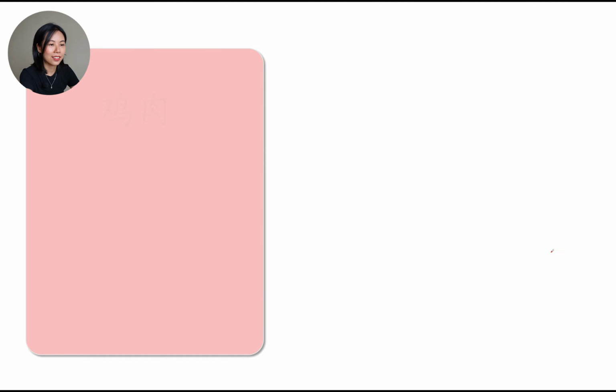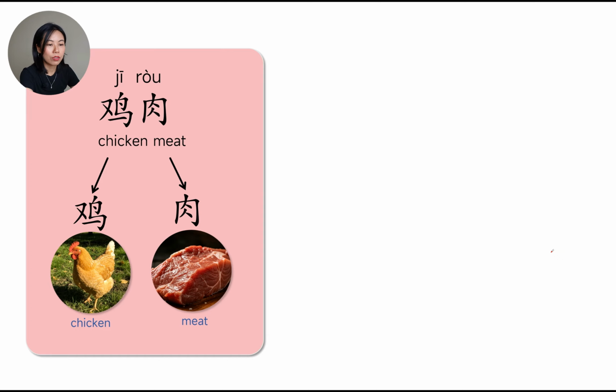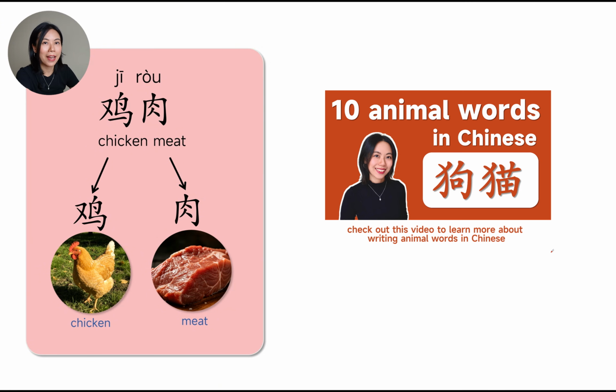下一个，鸡肉。Chicken meat. The 鸡 means chicken. 肉 is the meat. So 鸡肉, chicken meat. I have released a video about writing 10 animal words in Chinese.